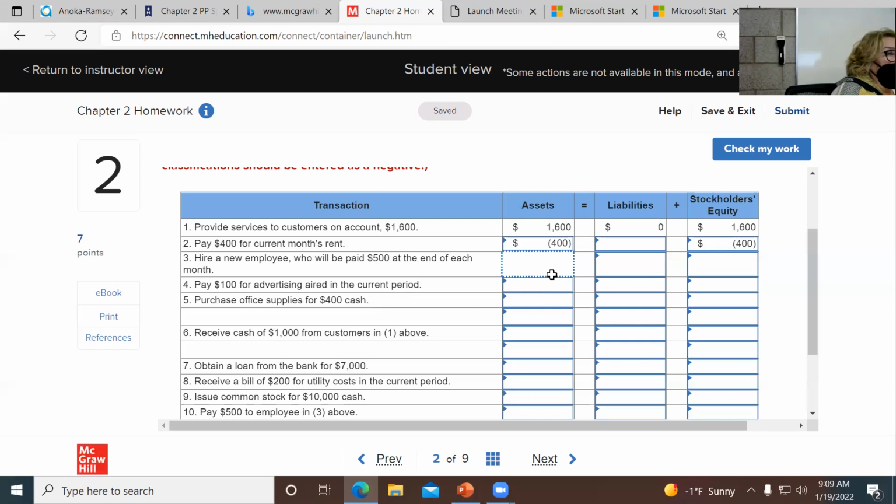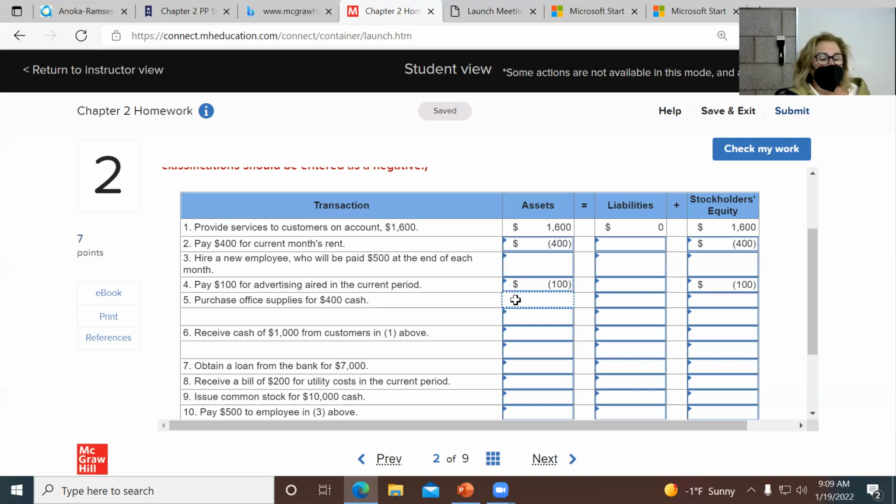No, we didn't pay him yet, did we? Nothing was affected there. Next, pay $100 for advertising aired in the current period. Cash goes down 100. Stockholders' equity goes down 100. Doesn't it?